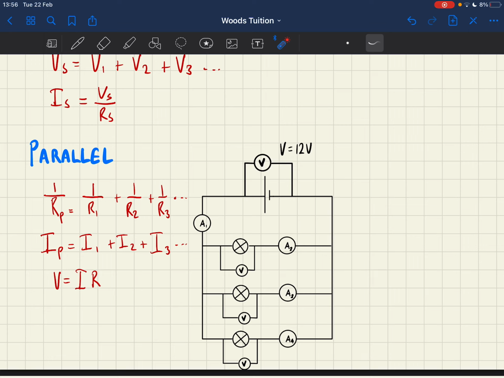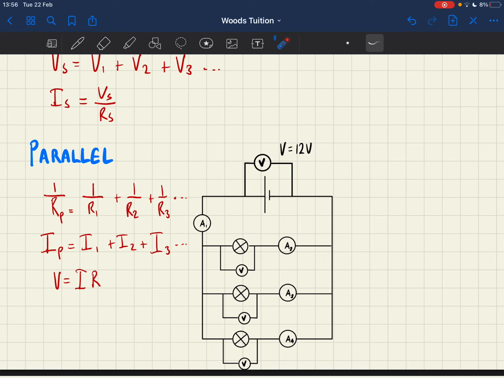Again, if we think about current as a moving collection of electrons, our packet of electrons will go through this ammeter, which reads the total current, and then it will split through these junctions, and the way it splits depends on the resistance of each branch. Here we've got 3 bulbs.